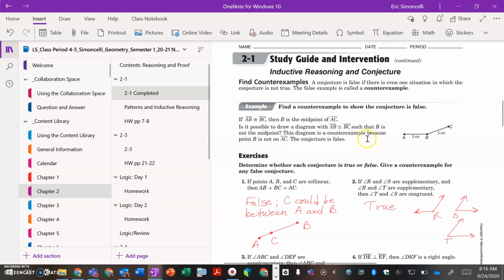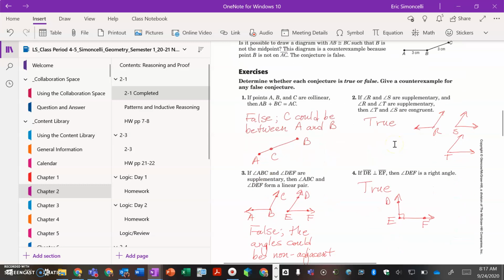This diagram is a counterexample, as you can tell, because point B is not on segment AC. So certainly the conjecture is false. Points A, B, and C are not collinear. So this is a good counterexample. In other words, this now has to be false because this particular example is disproving that statement.